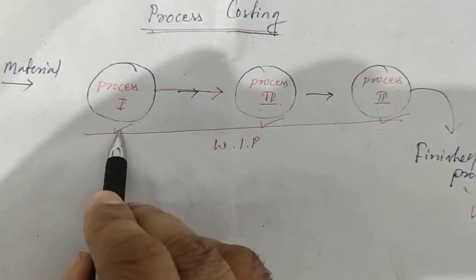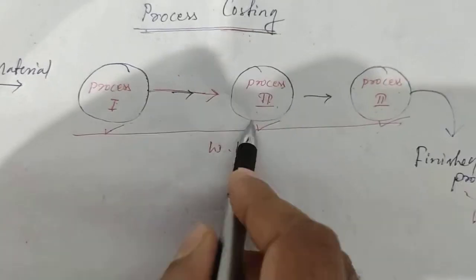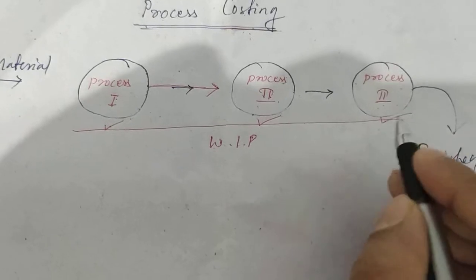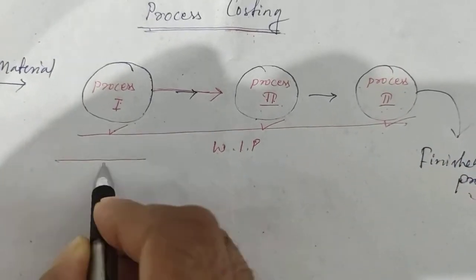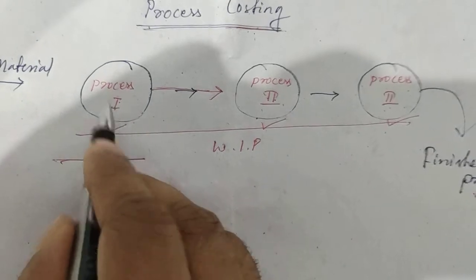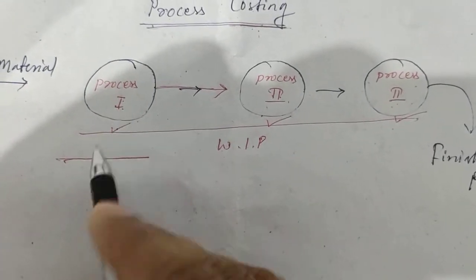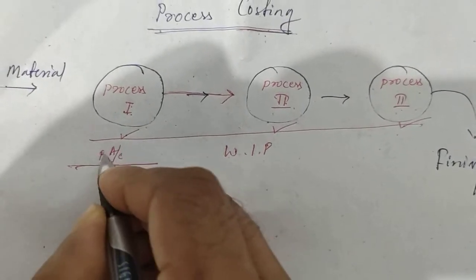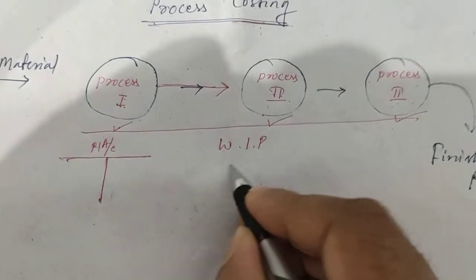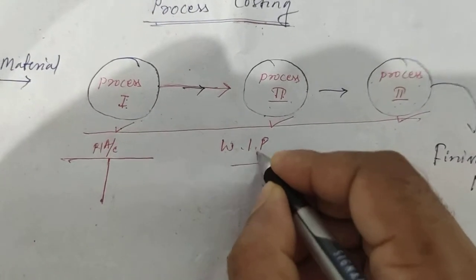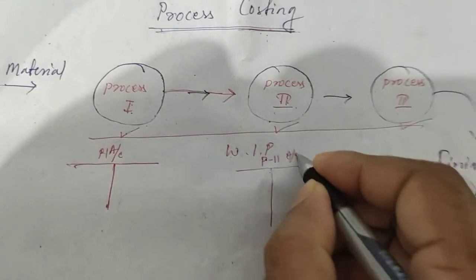These three process costs should be evaluated by different cost sheets for each process. For process 1, we have to prepare a process 1 account. Similarly, for process 2, I have to prepare another account, called process 2 account.